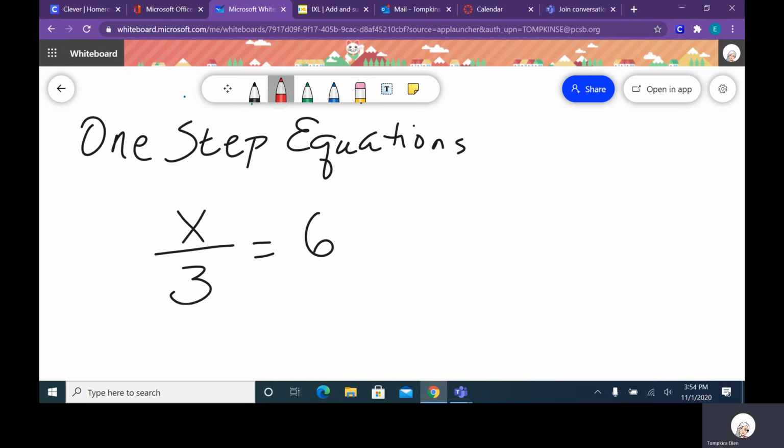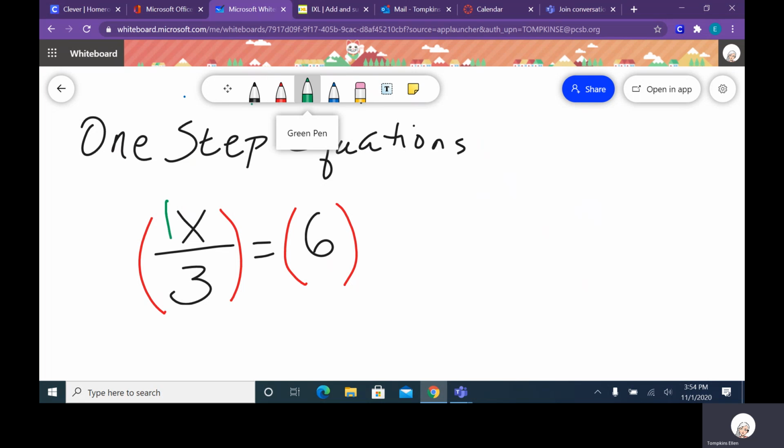In order to fix that, undo it, I need to multiply. So I'm going to show multiplication with parentheses. And I'm going to multiply by the reciprocal because I want to get the identity number 1. Well, there's a 1 right there, Ninja 1, he's hiding. So I'm going to multiply by the reciprocal 3 over 1 on both sides.